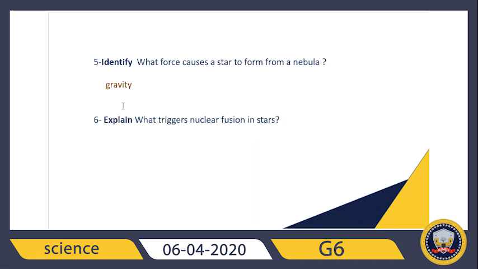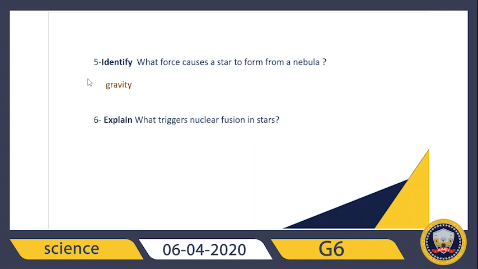What about question number 6? Explain what triggers nuclear fusion in stars. You remember, guys, what triggers nuclear fusion in stars? Actually, as we said, nuclear fusion is triggered when the temperature within the center of the core of hot, dense, contracting gas and dust reaches a high enough temperature, maybe about 10 million degrees Celsius.